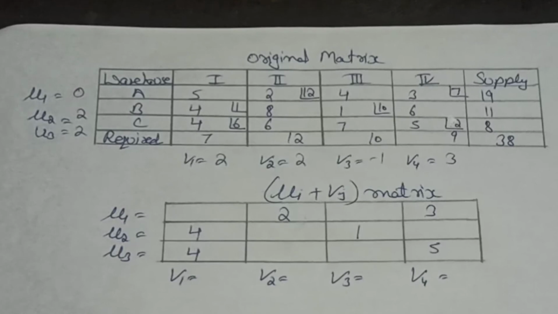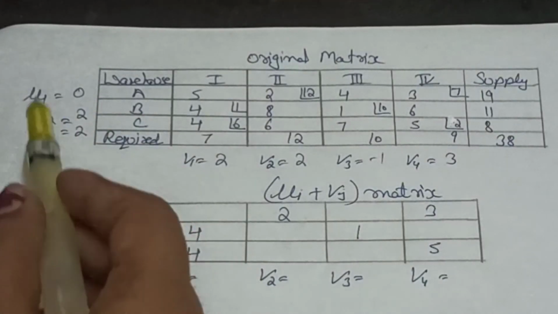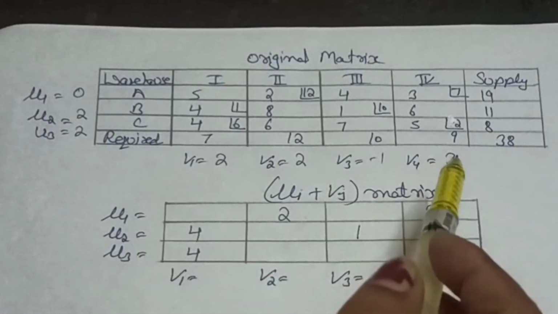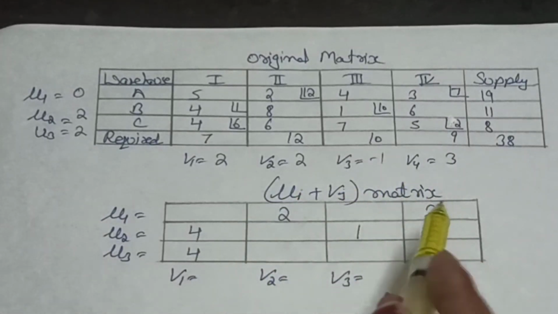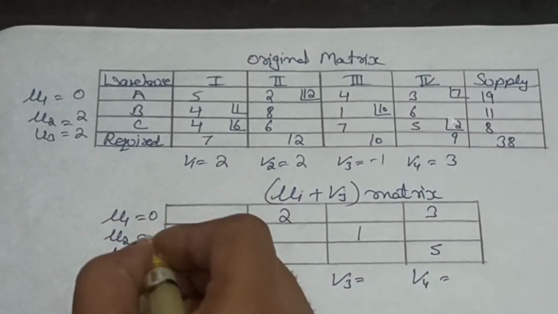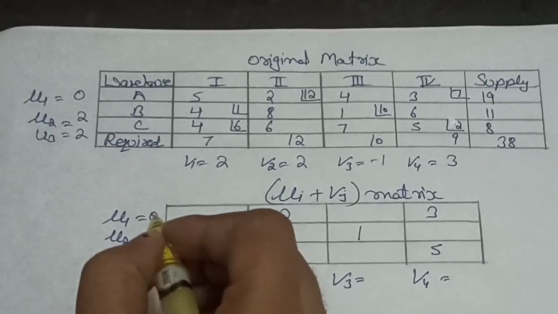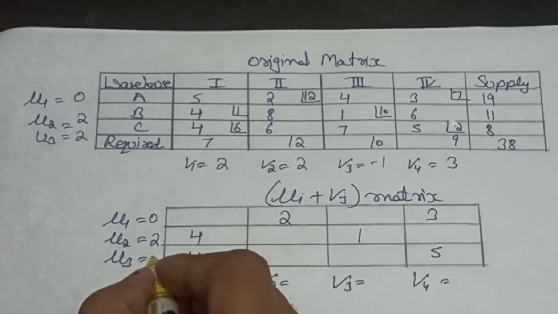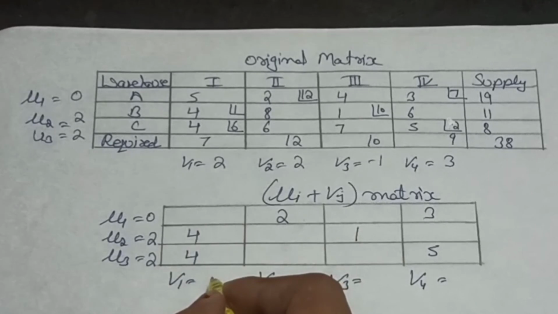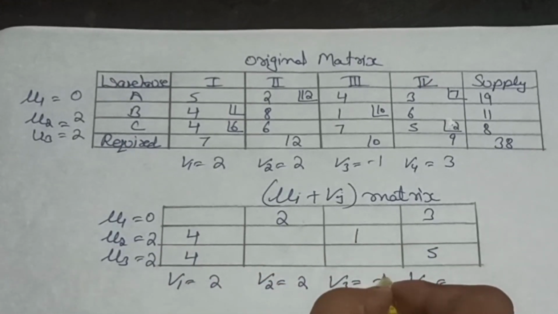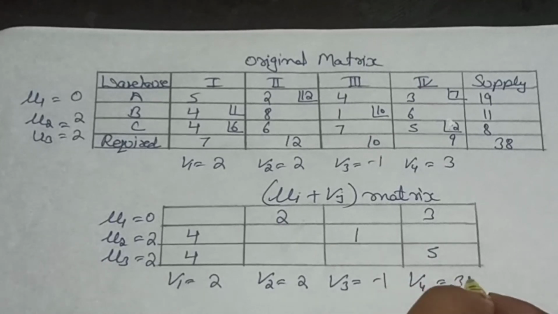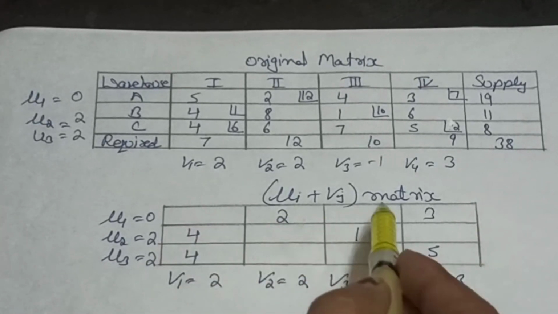So students, you can see we have calculated all our ui values and all vj values. So we will calculate this matrix, the ui plus vj matrix. Here we have u1 is equal to 0, u2 is equal to 2, u3 is equal to 2, v1 is equal to 2, v2 is equal to 2, v3 is equal to -1 and v4 is equal to 3. So students, these are our allocated cells.